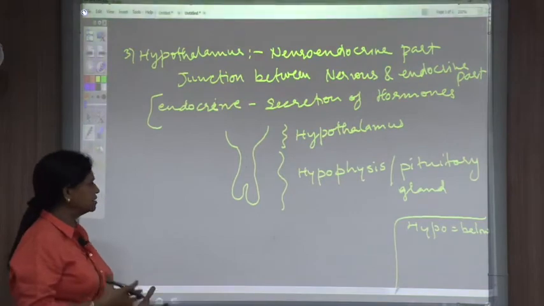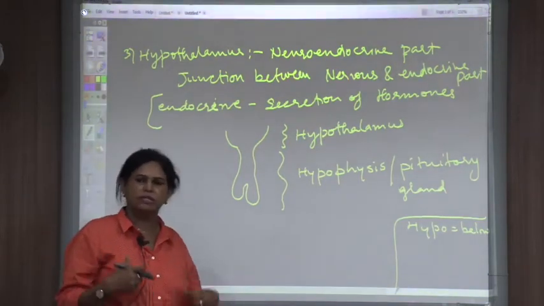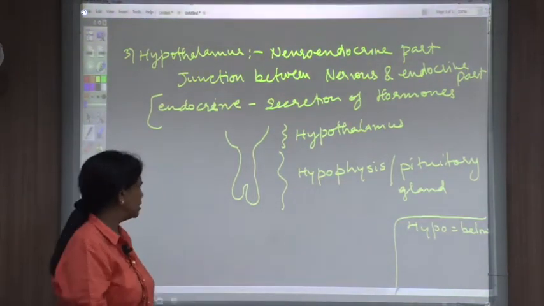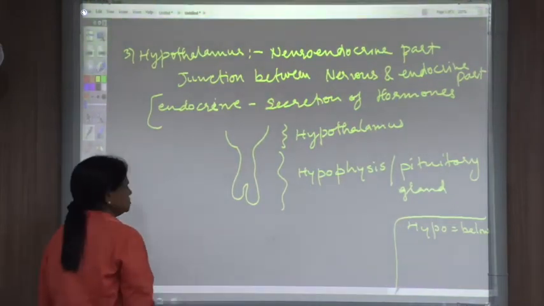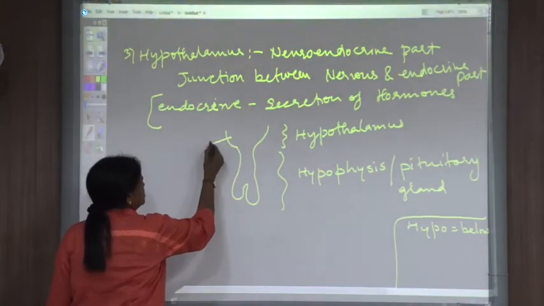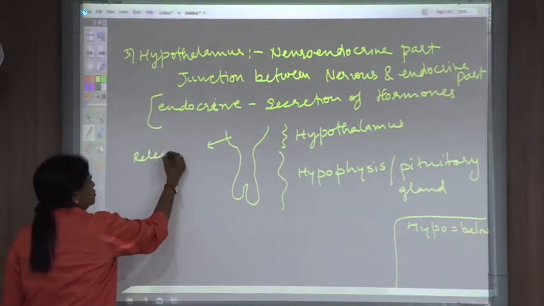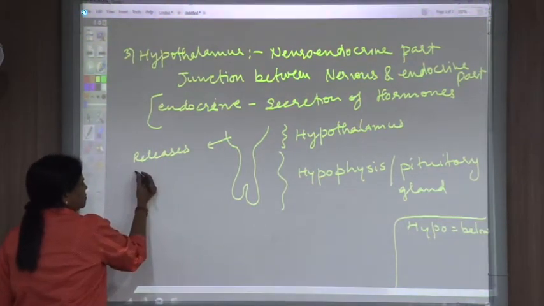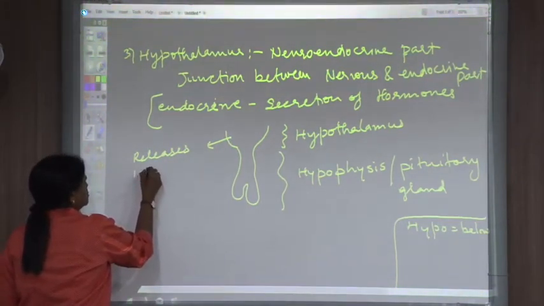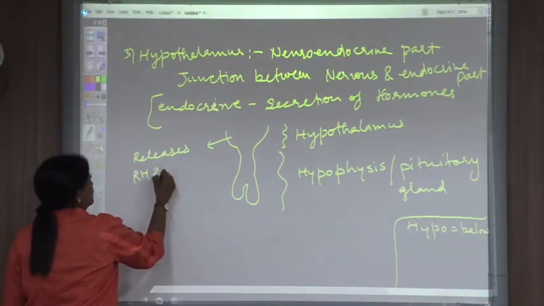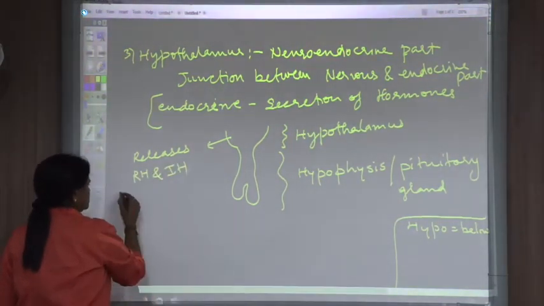So this will be secreting some hormones. In fact, the hypothalamus will be the super master gland which controls all the other glands, and indirectly this controls the pituitary. तो यहाँ से कुछ hormones release होंगे. They are called the releasing hormones, RH, and inhibitory hormone, IH.